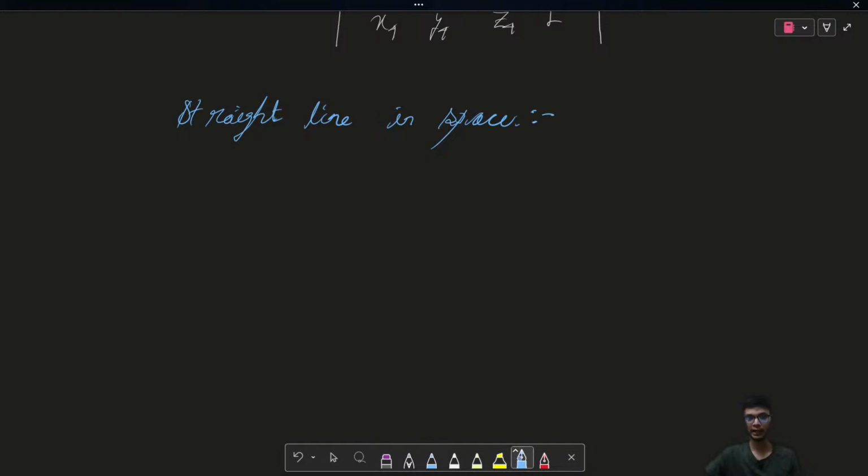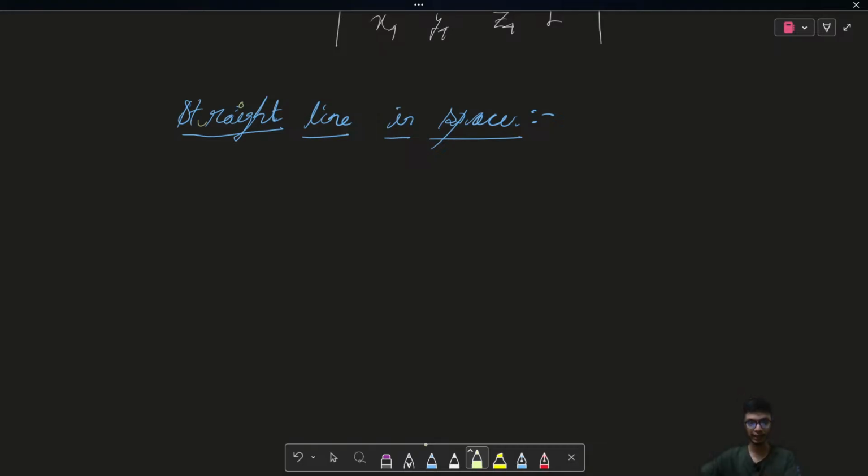However, in this part, we're going to study the straight line in a 3D space. So we are first of all going to understand how we can come up with the equation for such straight lines in three-dimensional geometry. For that, let's try to understand the situation.